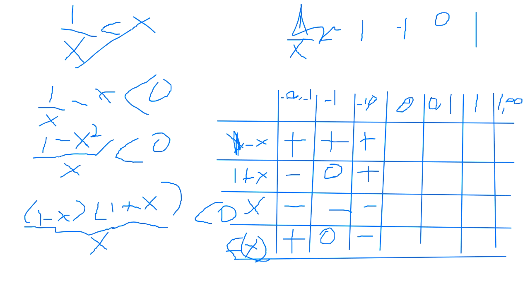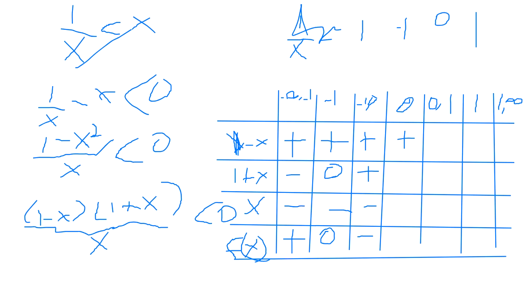Okay, good. Now we come to 0. If I put 0 in place of x here, what will I get? Positive. If I put 0 in place of x here, what will I get? Positive.